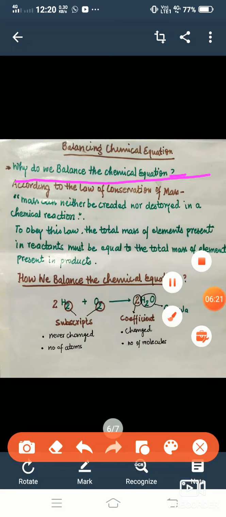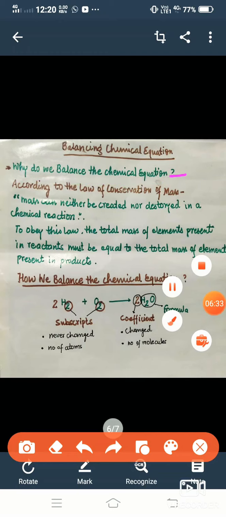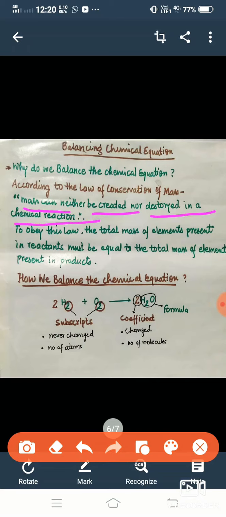I think you must have read about the law of conservation of mass in 9th standard, and this says that mass can neither be created nor destroyed in a chemical reaction.